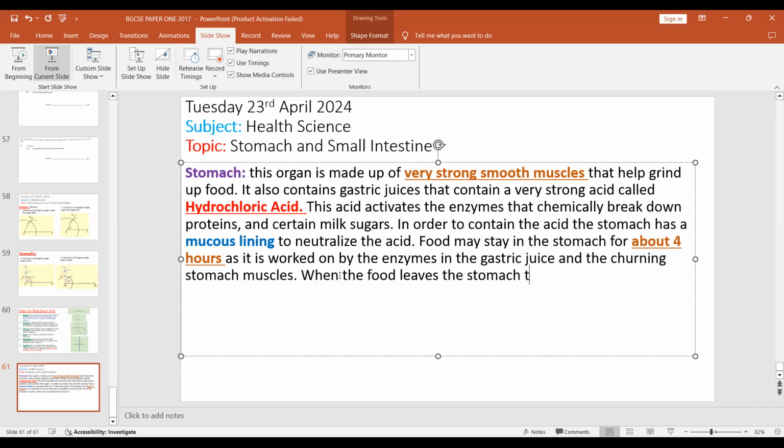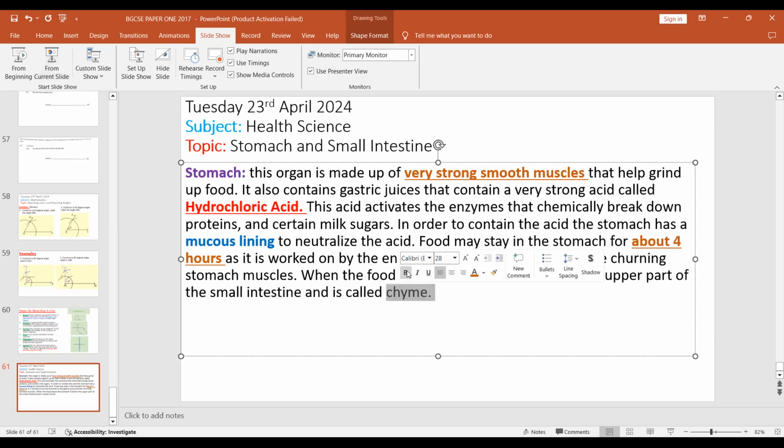It enters the upper part of the small intestine, and it's called chyme. It's called chyme, right? So it enters the upper part of the small intestine, and it's called chyme. Okay.